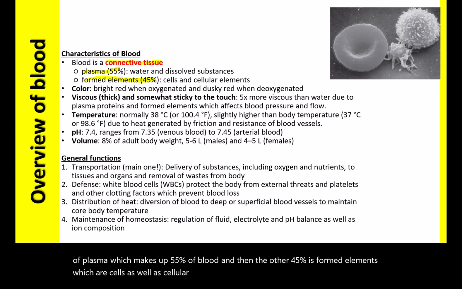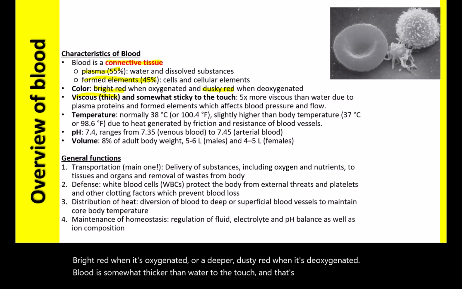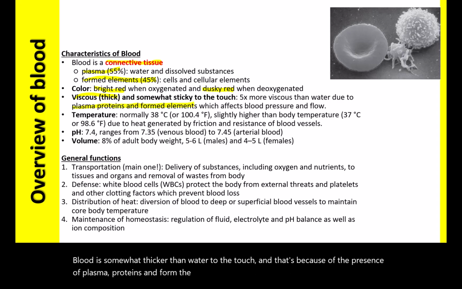Blood can be either bright red when it's oxygenated or a deeper dusky red when it's deoxygenated. Blood is somewhat thicker than water to the touch, and that's because of the presence of plasma proteins and formed elements that are not found in water.